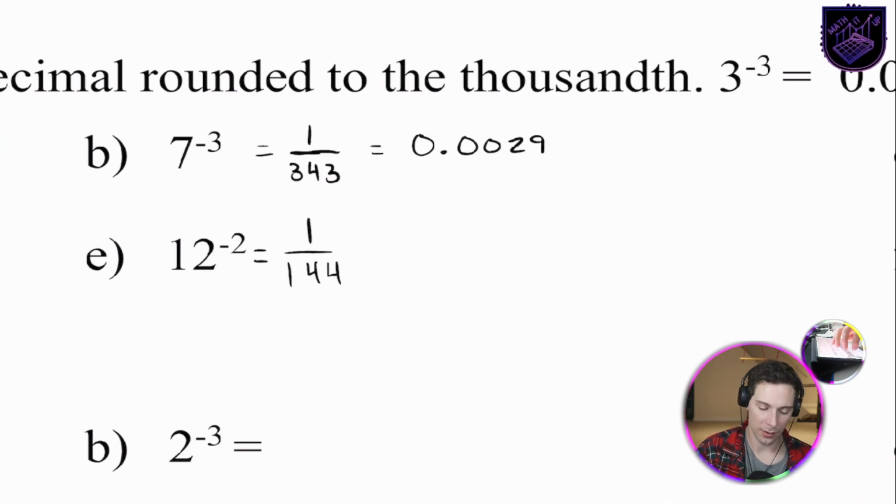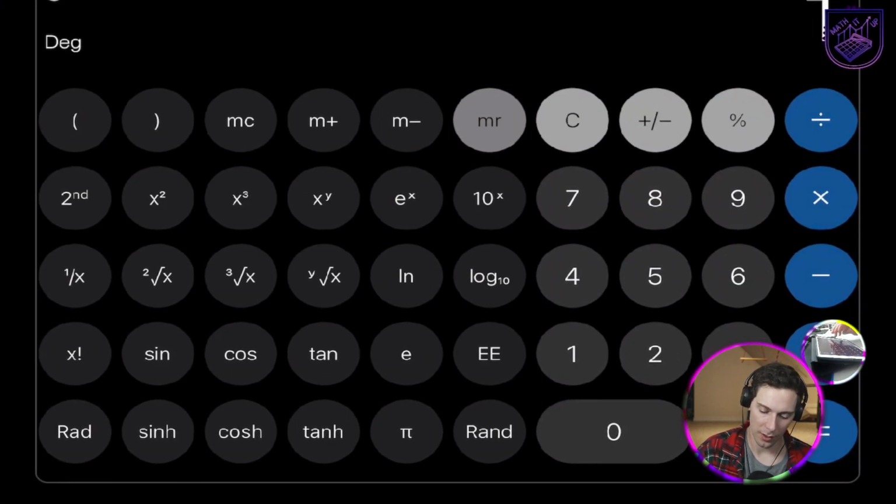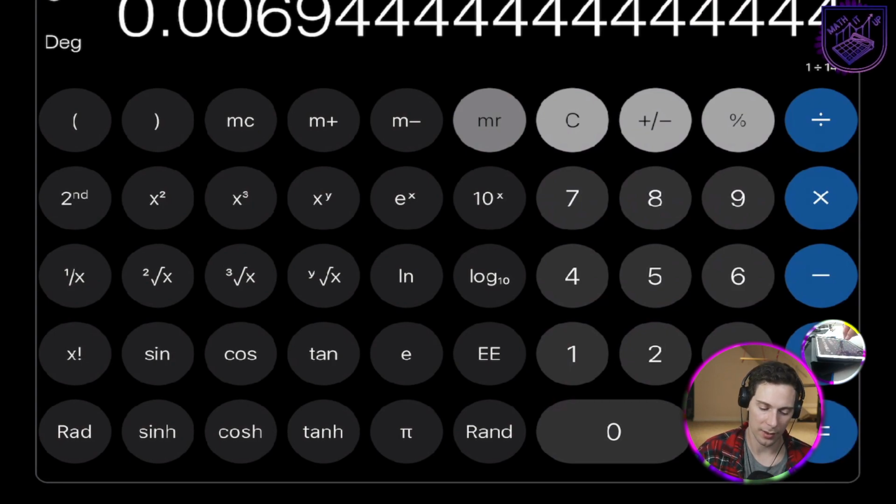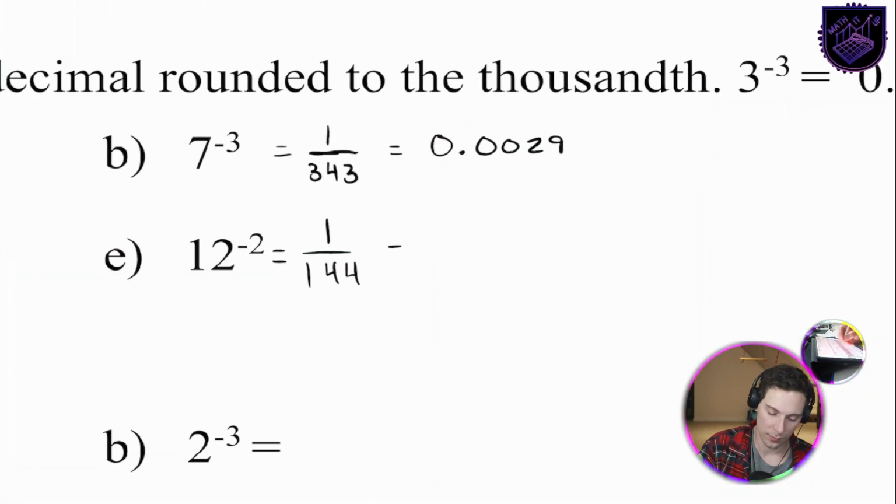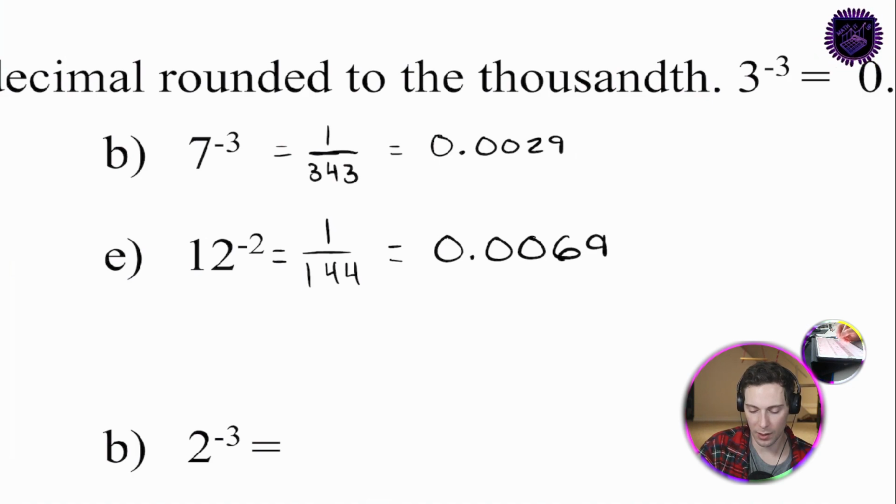Now to convert that to a decimal, you go 1 divided by 144 equals 0.0069. You could round that to 0.007.